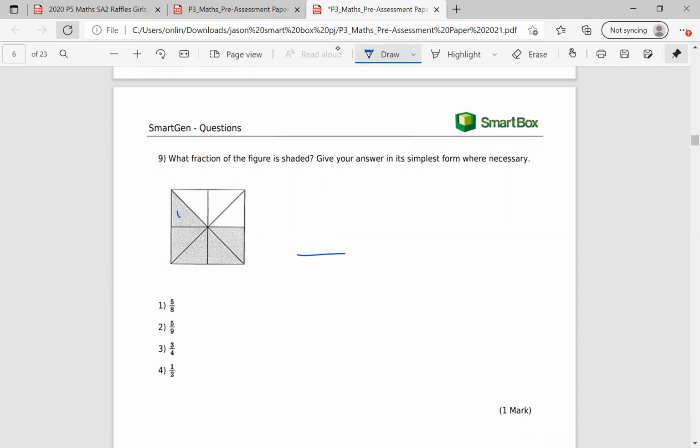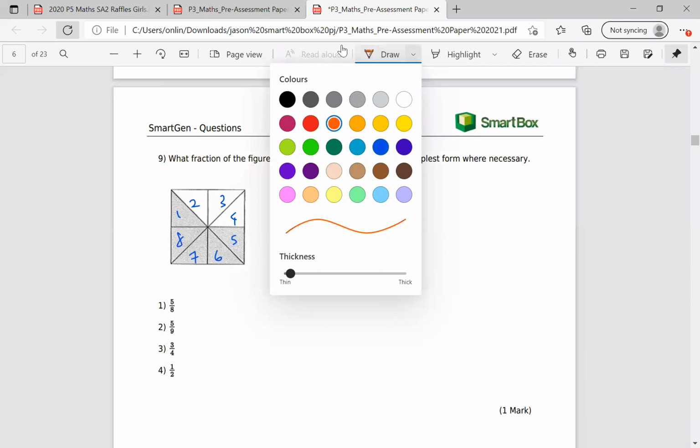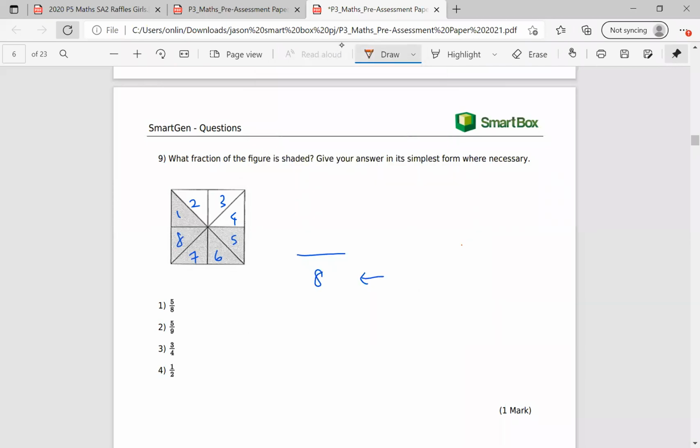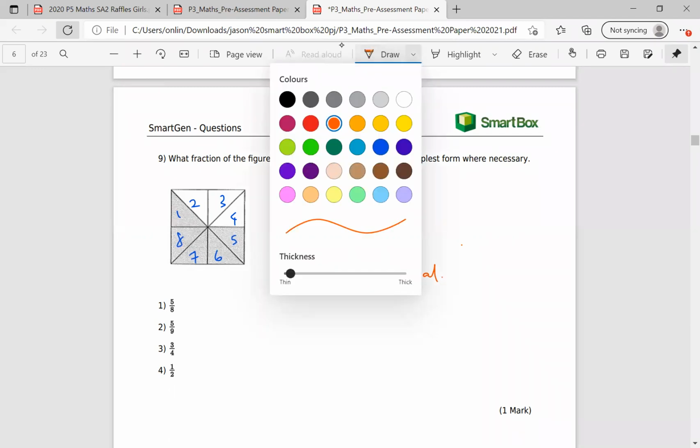If we count 1, 2, 3, 4, 5, 6, 7, 8, my denominator will be 8 here. And then our total is always equal to the denominator. So this here is always our total.